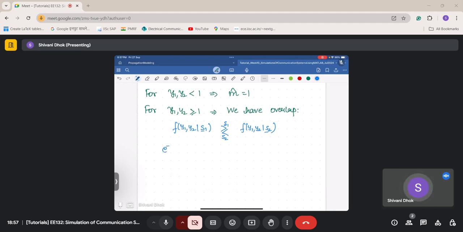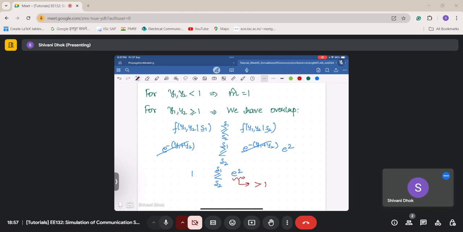This was e power minus y1 plus y2, and this was e power minus y1 plus y2 into e square. This gets cancelled. We have 1 versus e square, and we know that e square is always greater than 1.